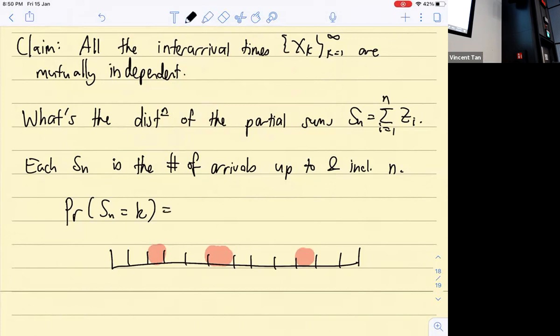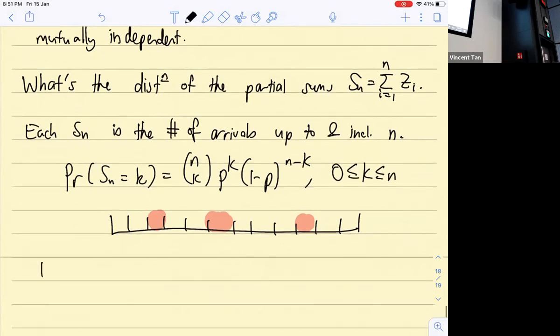More generally, this is n choose k, succeed k times, and fail n minus k times. And here k runs from 0 to n. This is called the binomial distribution.